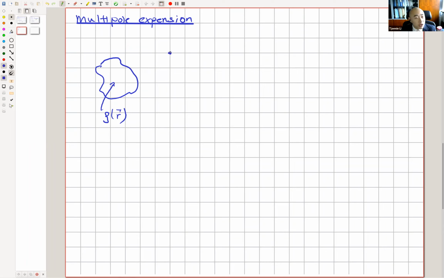For anything generic, it could be a very, very complex expression, exactly where phi is and how E represents itself. But what if now, instead of this R, I go very far away?